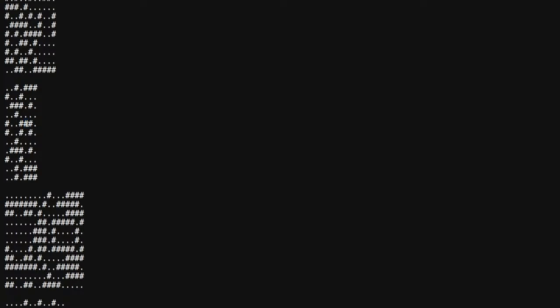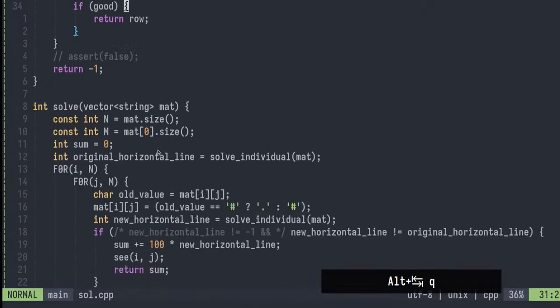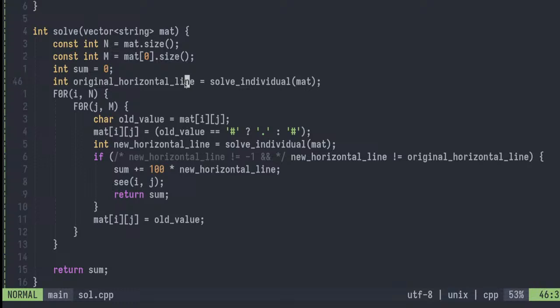In this test, they changed this to a dot. 0 1 2 3 4 0 1 2 3 4, this to a dot. That way these two are same, these two are same, these and these and then these, and that resulted, let me print one more thing, the original thing.